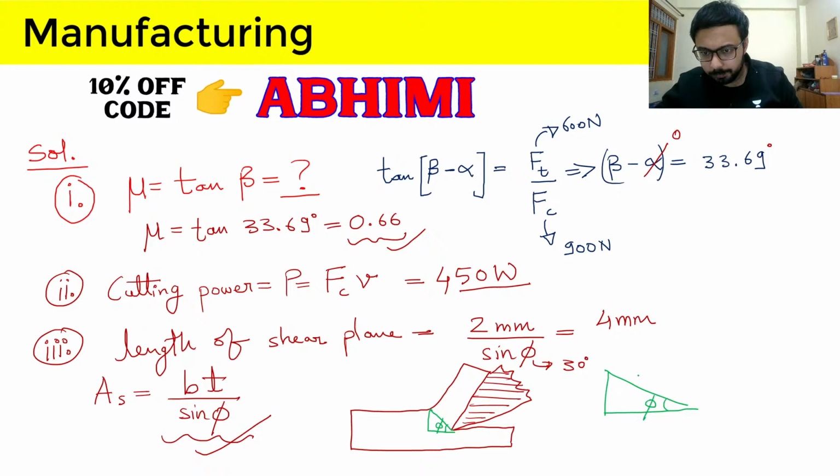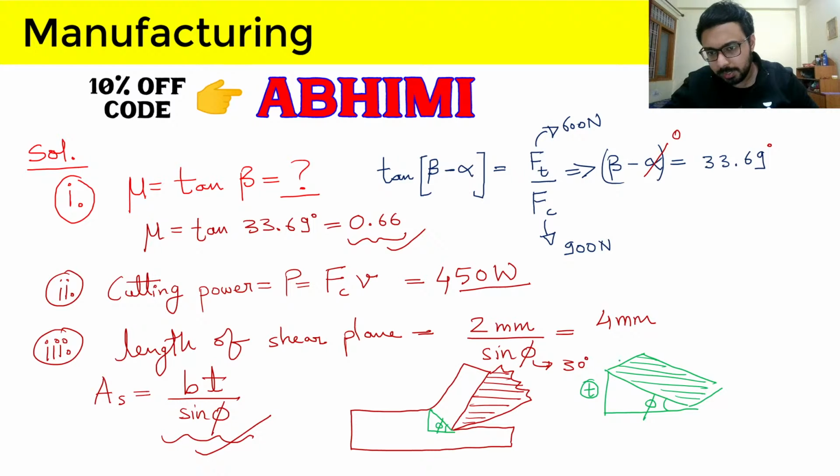So this is phi, this is your depth of cut or t, and this length we have to consider to calculate shear plane area. So this will be shear plane area in 3D.